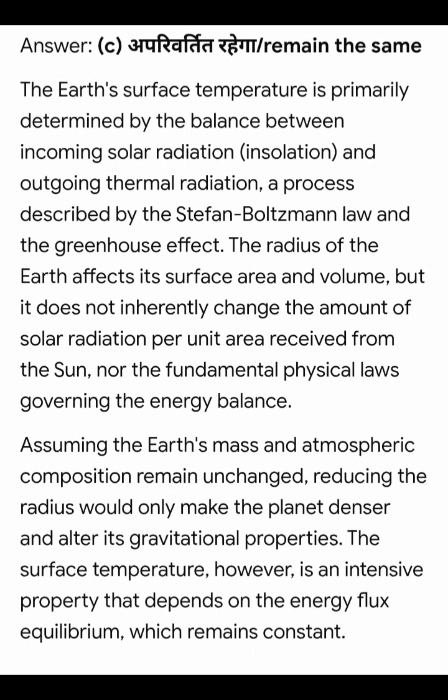Assuming the Earth's mass and the atmospheric composition remain unchanged, reducing the radius would only make the planet denser and alter its gravitational properties. So the surface temperature, however, is an intensive property that depends upon the energy flux, and remains constant. So here the answer is it remains the same.